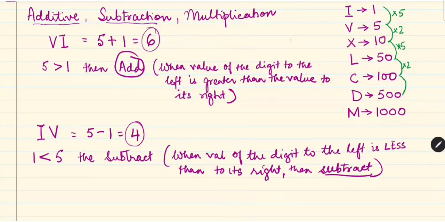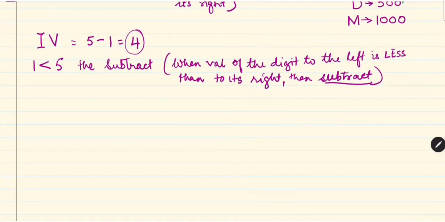Now let's perform a slightly more complex conversion. Let me look at this here: CXCIV. I'm going to convert this using the process of addition or subtraction, but we will have to figure out when to add versus when to subtract.